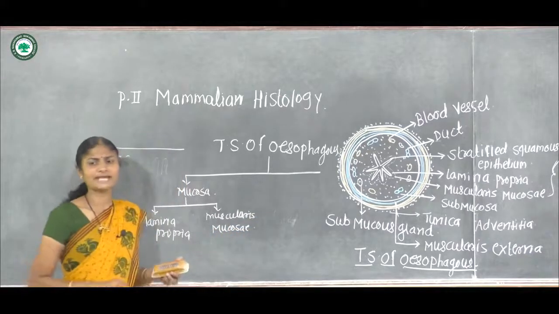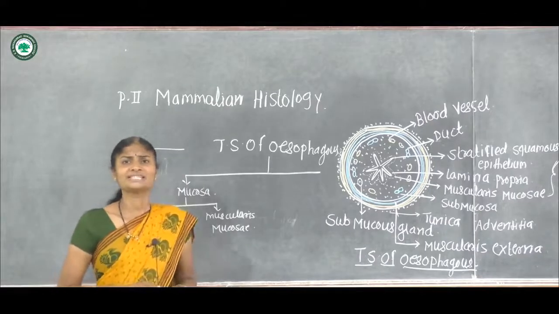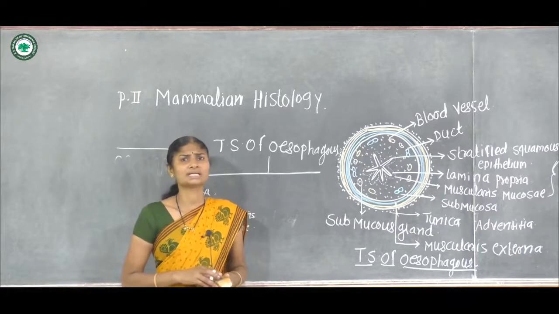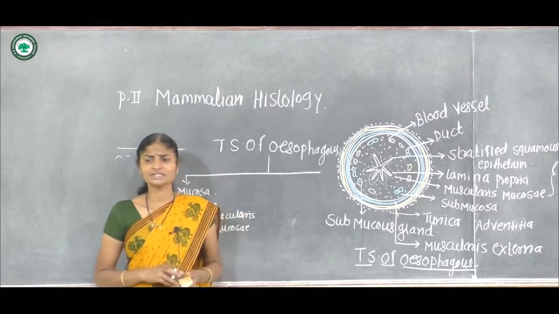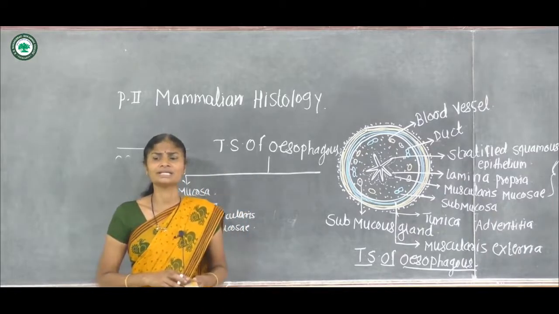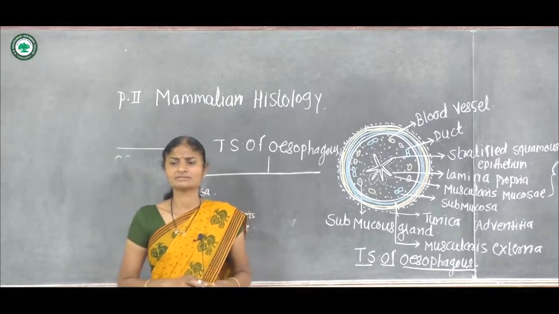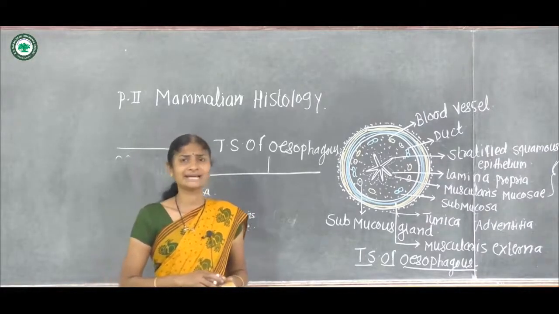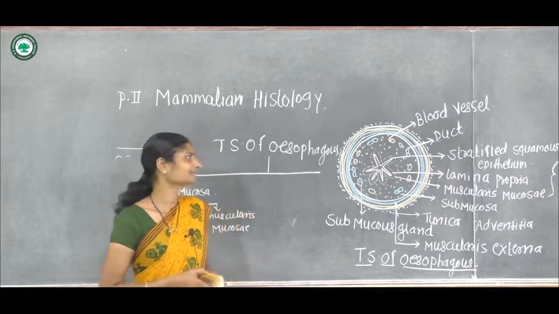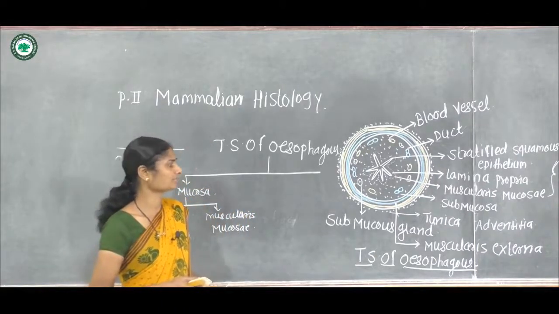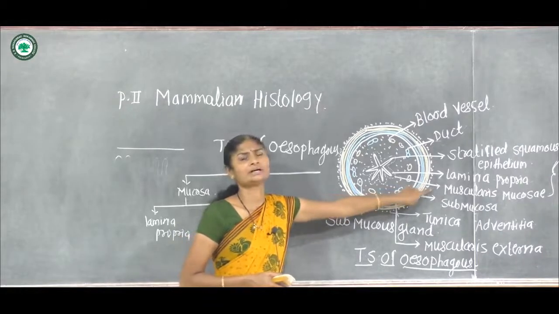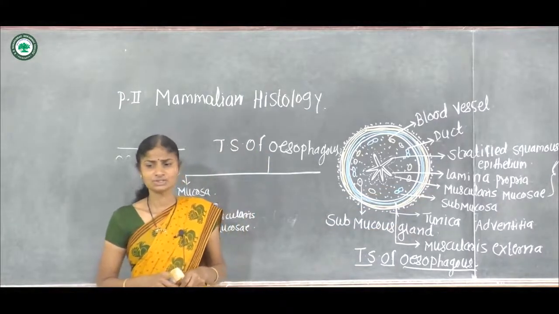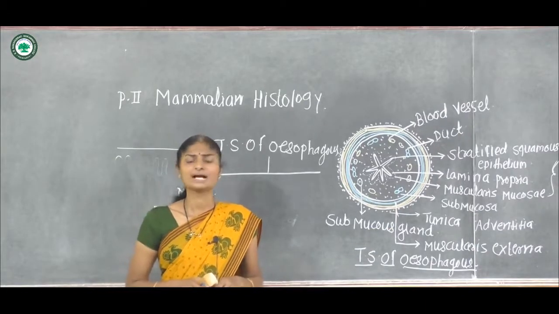This muscularis mucosa is a thin double layer of smooth muscle fibers arranged longitudinally. It is thicker in the esophagus than in the remaining parts of the digestive tract.